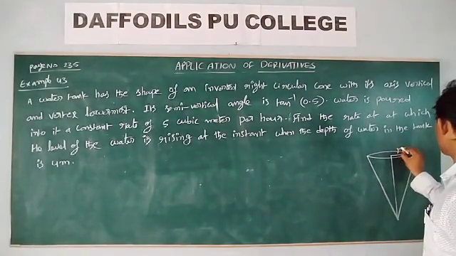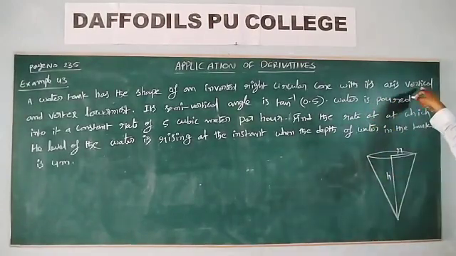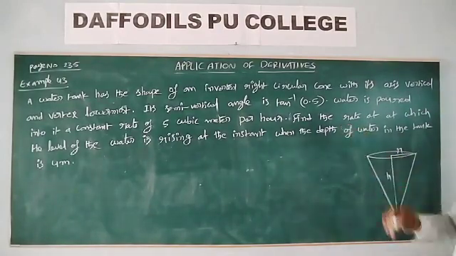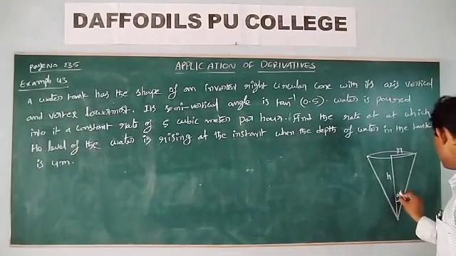This is nothing but R. This is height h, with its axis vertical and vertex lowermost like this, an inverted cone. The semi-vertical angle, let us take it as alpha. This is alpha.